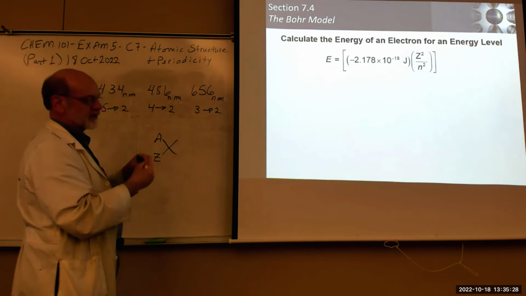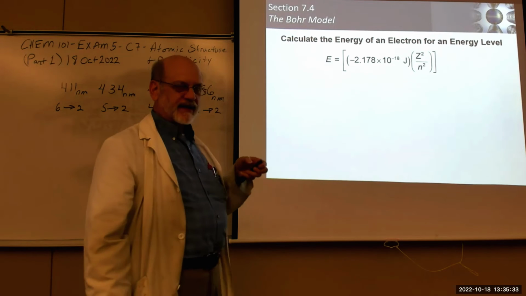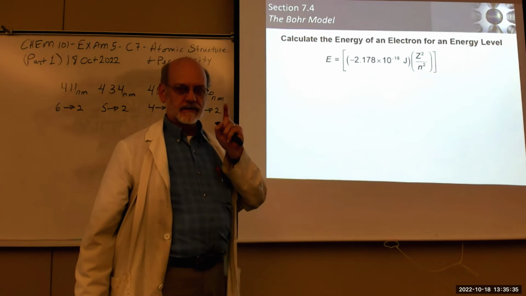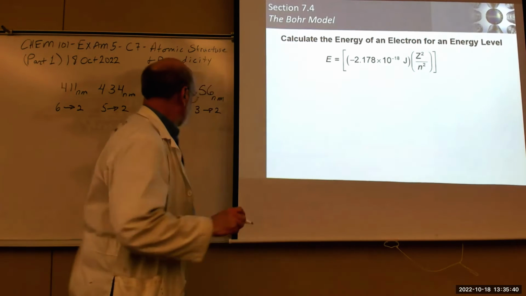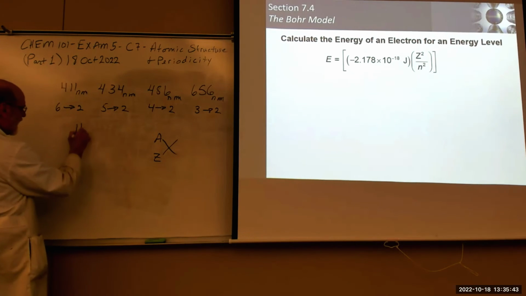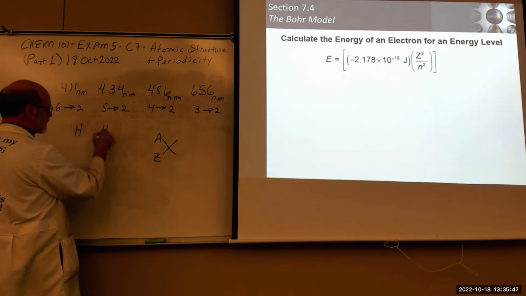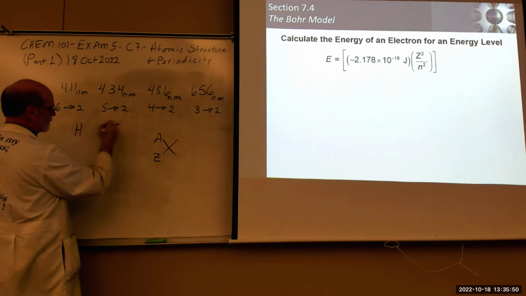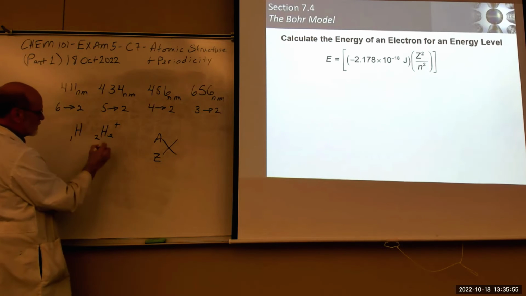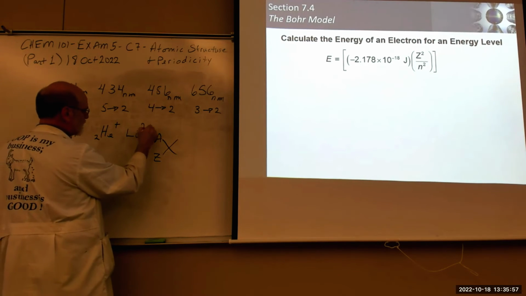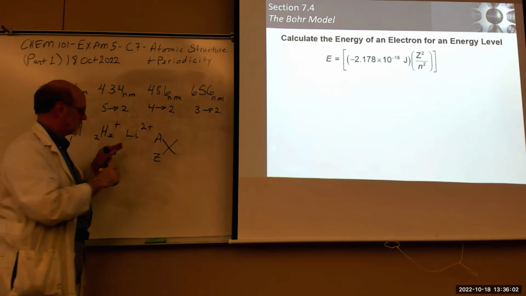So Z is the number of protons in your atom, but it can only have one electron surrounding that atom. So here's what I mean by that. This is a hydrogen atom. This is a hydrogen-like atom, but it's made of helium. So the Z here is 1, the Z here is 2, and lithium is next. It would have to be a 2+ because it has 3 electrons. You've got to get rid of 2 of them. You can only have 1 electron.